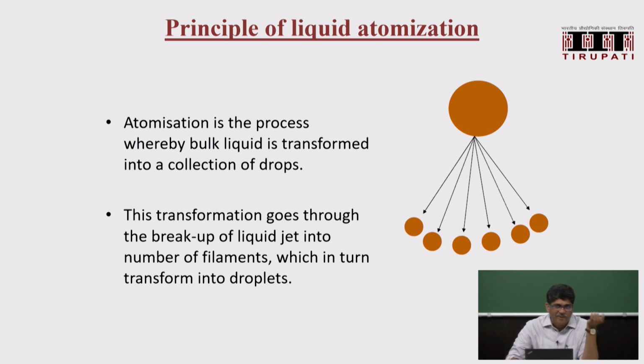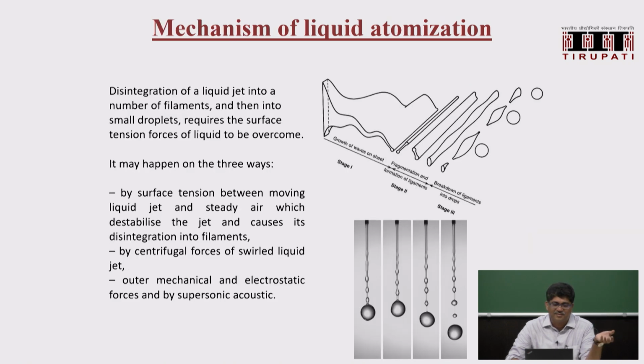How does this process happen? It is because of the aerodynamic action. This is the classical image where you can see the sheet breaking into drops. You might have seen water taps: if you open it a little, it just comes out like a simple jet, and if you keep increasing the velocity, it will start breaking up.